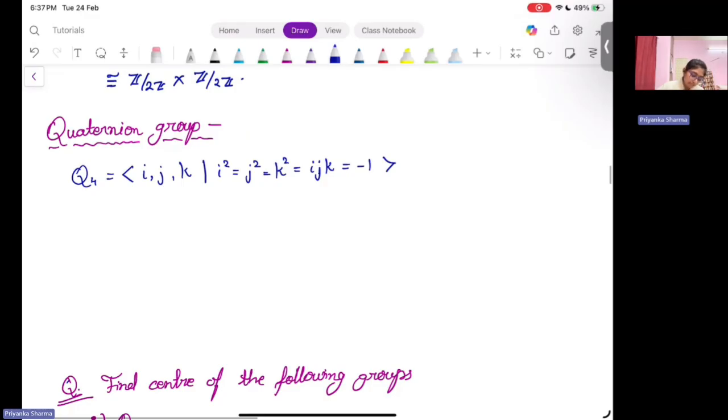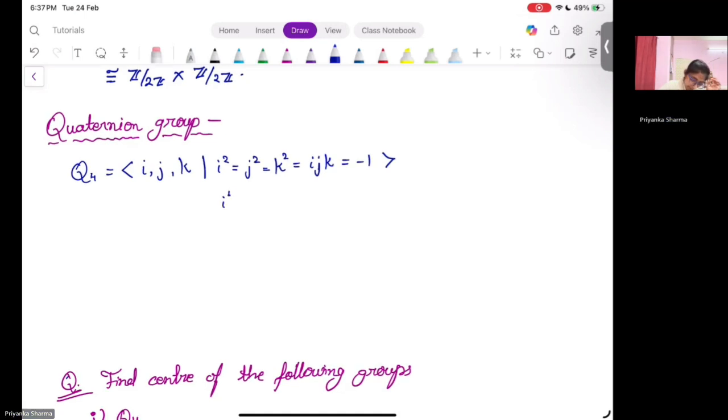This is the counter example which I have given for some previous question. This group has three generators, I, J and K, and I square, J square and K square are minus 1, not 1. It means I^4, J^4 and K^4 are 1.